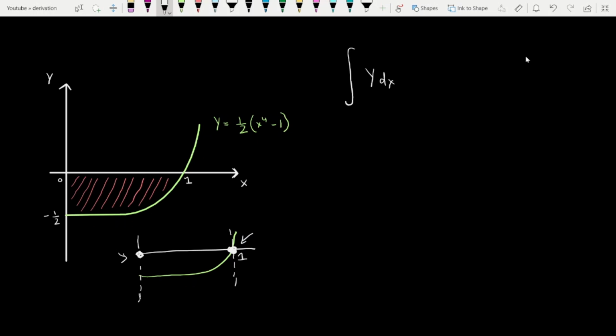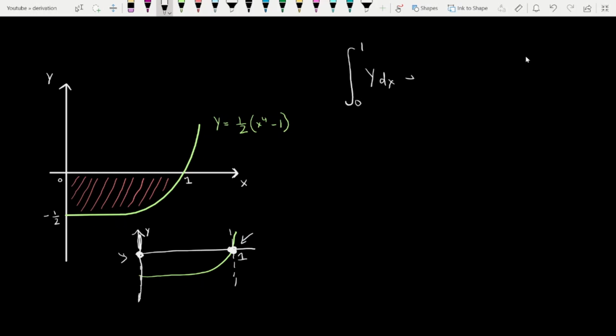This limit is the y-axis, and you can see that the y-axis is intersecting the x-axis at this point. What's going to be the x-coordinate at this point? Well, it's going to be 0 because it's the origin. So we know that the lower limit is going to be 0 and the upper limit is going to be 1. So we can write that over here.